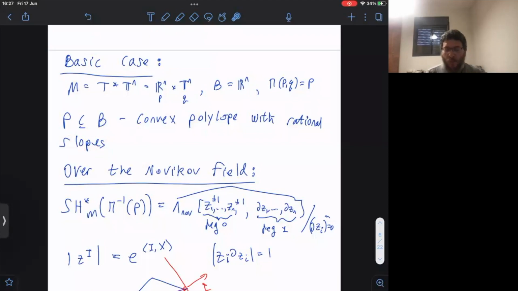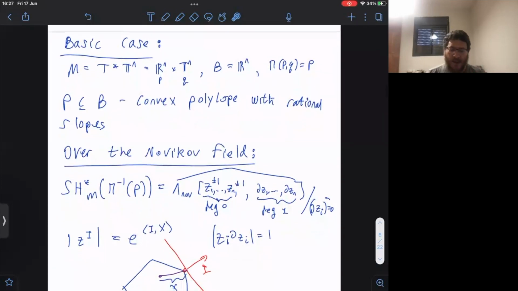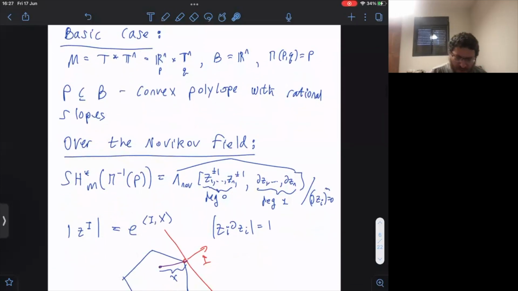And that's the one case where Floer theory is very easy to compute. And I'll give you the answer. I'll describe the answer over the Novikov field. The difference between the Novikov field and the Novikov ring is that we invert T. We allow the Novikov parameter to be inverted.